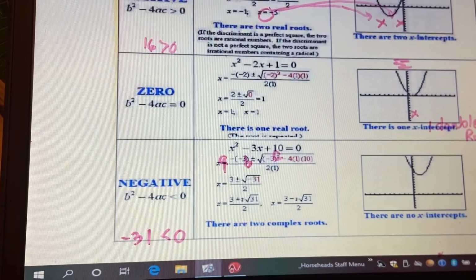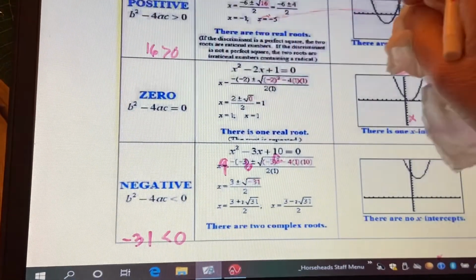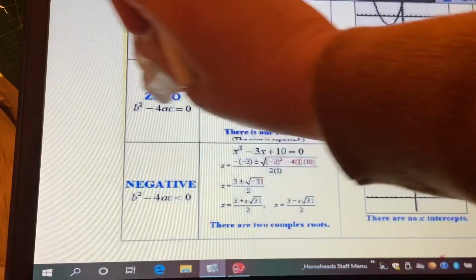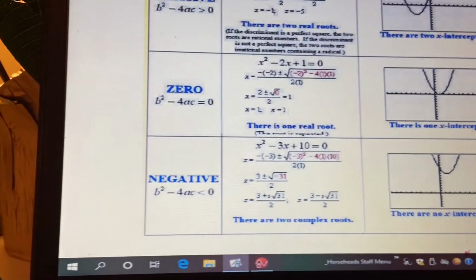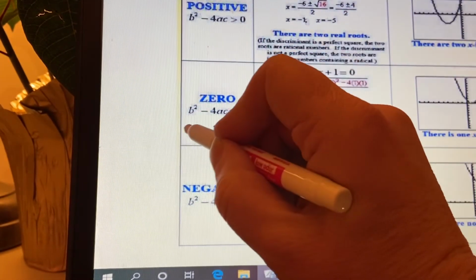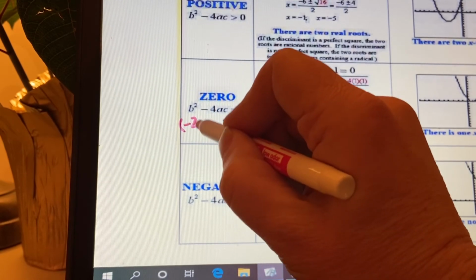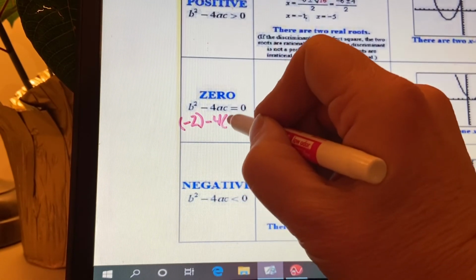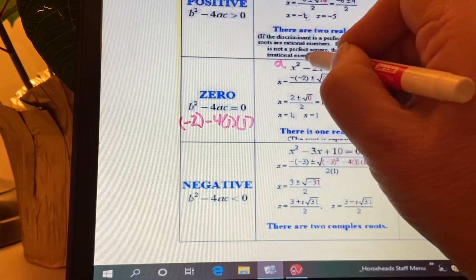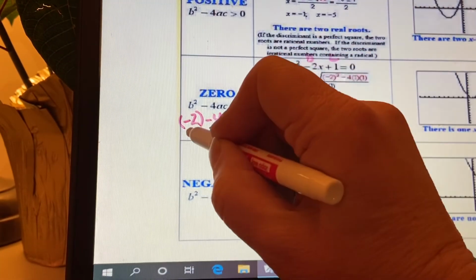If you have your discriminant, you do all the math. Remember, you don't do the whole entire quadratic formula. If I were given this, I would do b squared minus 4ac, so I would do negative 2 squared minus 4 times my 1 times my 1, because this is my a, this is my b, this is my c.